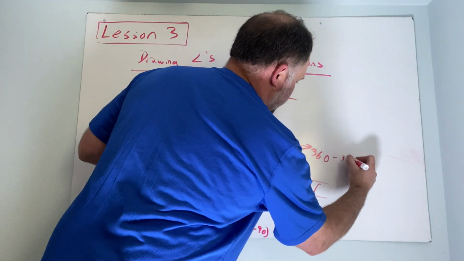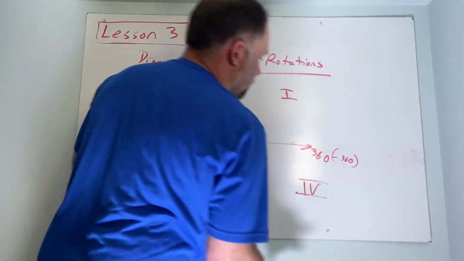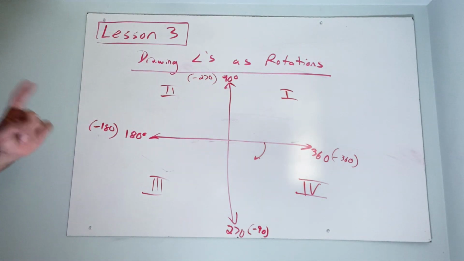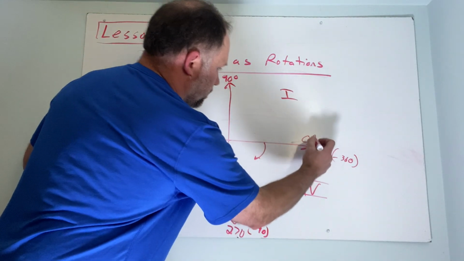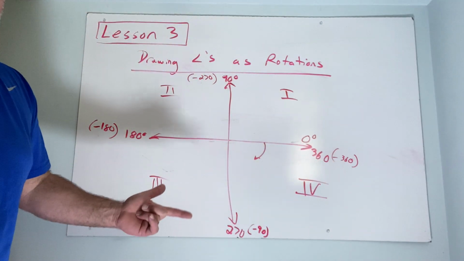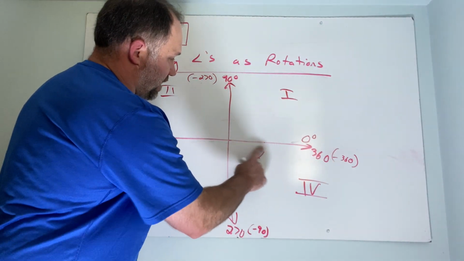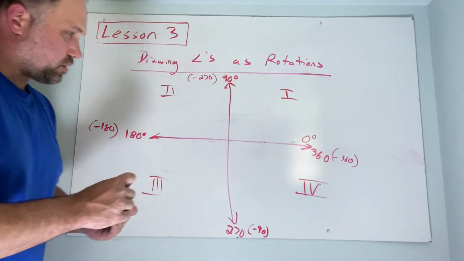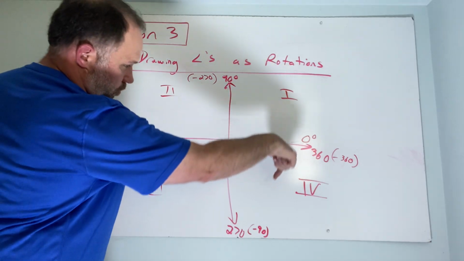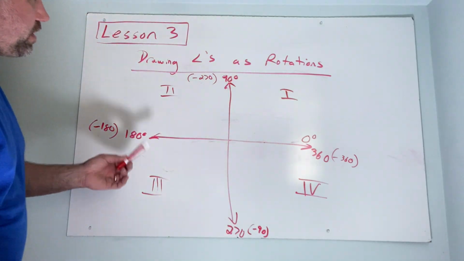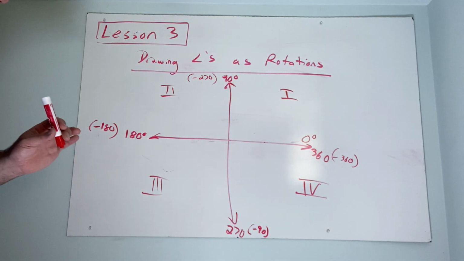And this would be negative 360 degrees. Let me also point out that this angle right here could also be 0 degrees because that's where we start from. So that is how it works as far as angles go. We can draw them going this way or going that way. It just depends on if they're positive or negative.